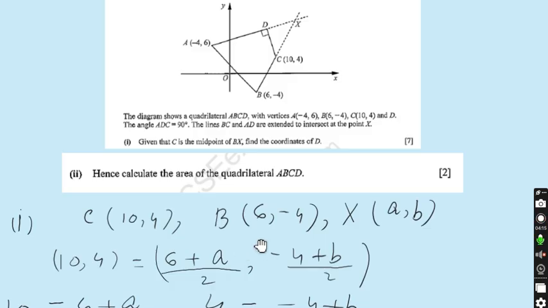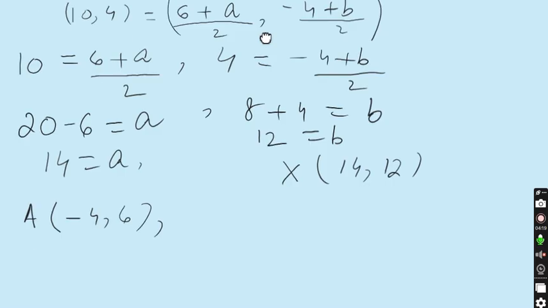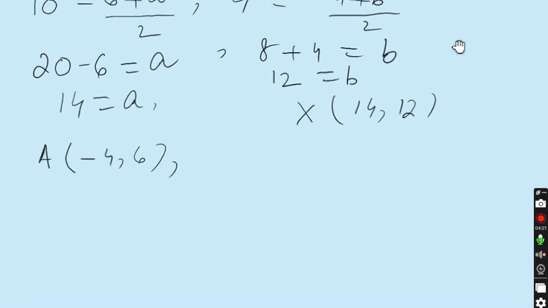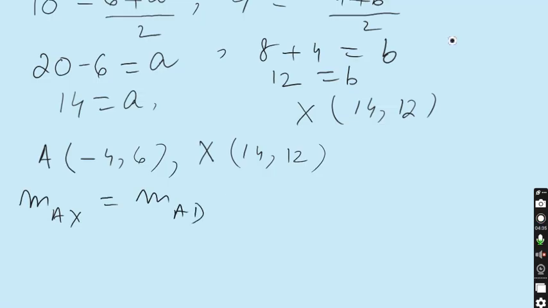Therefore if we find the gradient of AX, it represents the gradient of AD. So I am writing X here, this is the gradient of AX. This should be equal to the gradient of AD because the gradient of collinear points is the same.